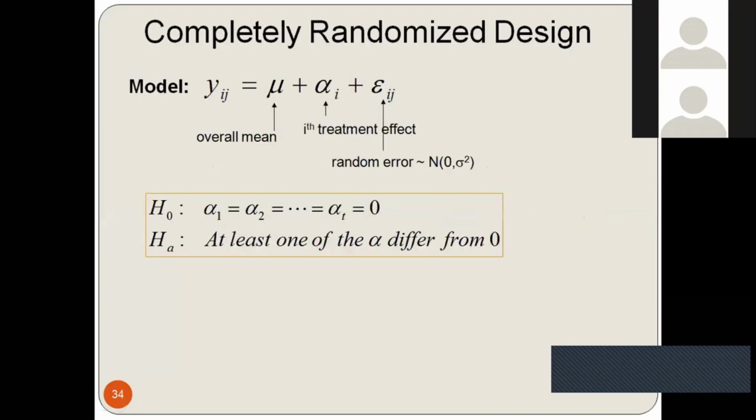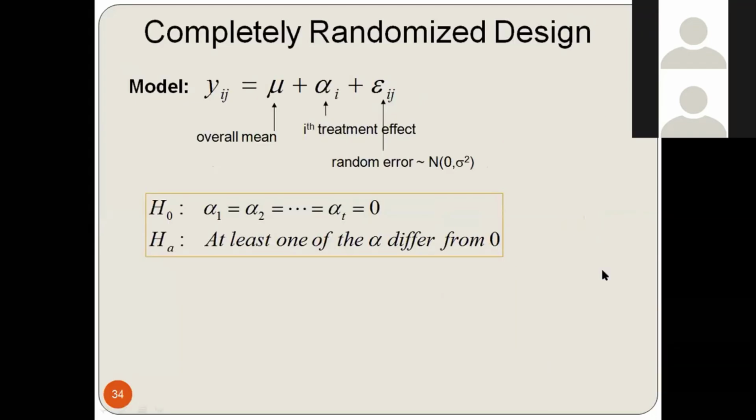Now we are coming a little more to some mathematical formulation for the completely randomized design. We have three components. This you should remember.